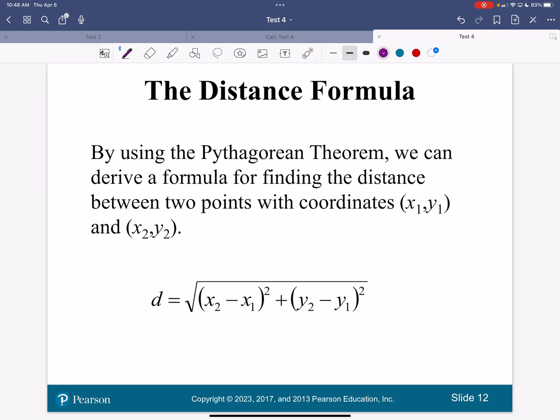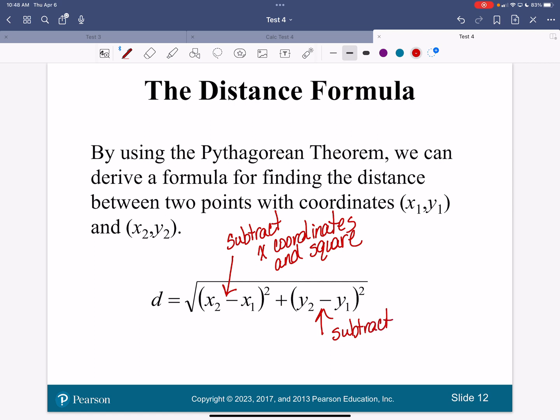So basically what the distance formula is saying is you subtract your x coordinates and square. Then you're going to subtract your y coordinates and square.